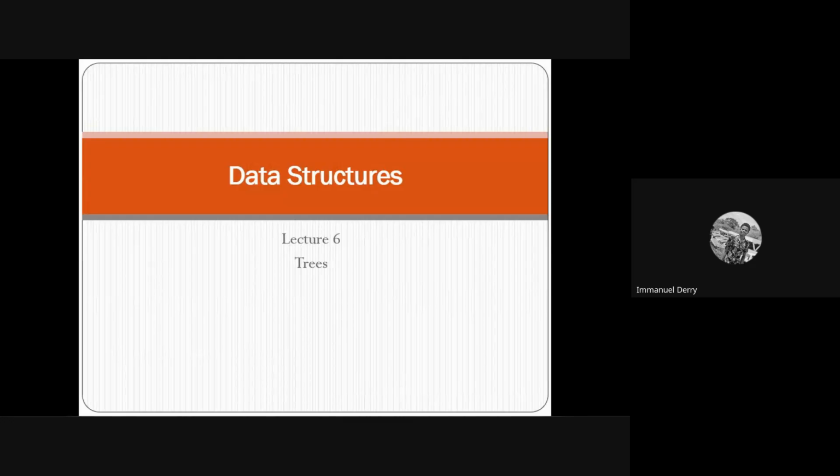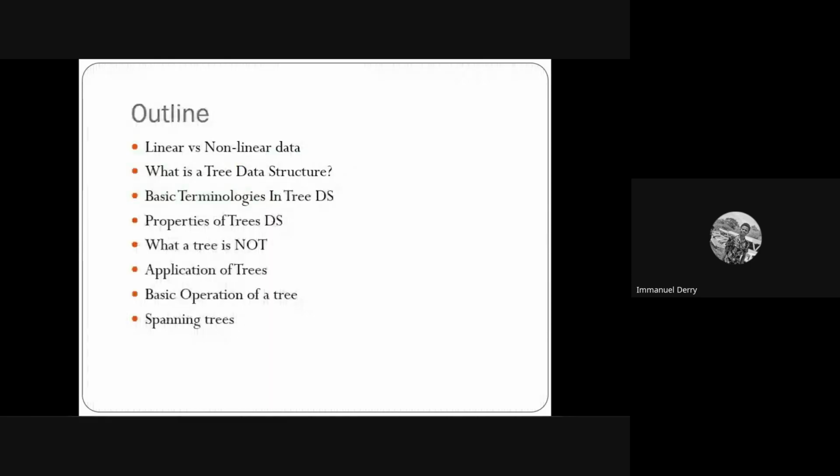The previous data structures we learned about are examples of linear data structures. The stack, the queues, the linked lists, and the rest are examples of linear data structures.